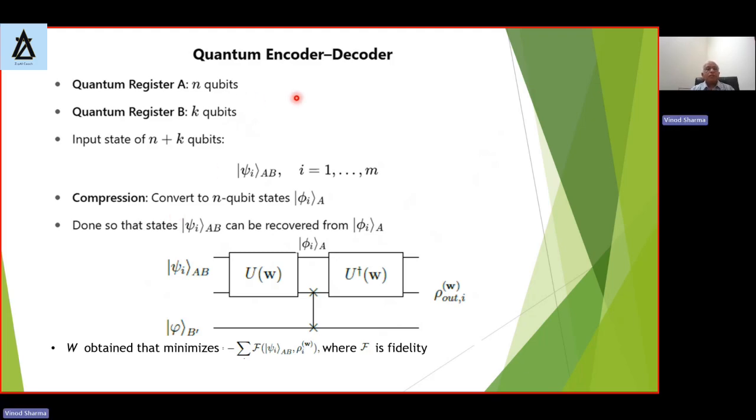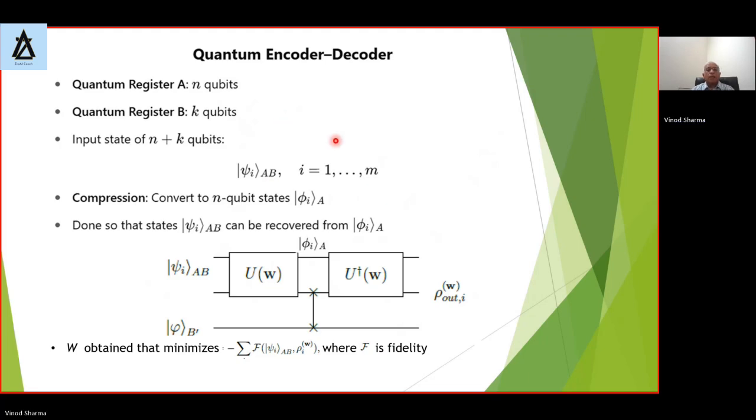So in the quantum case, we will consider a state with n plus k qubits. The input state is n plus k qubits. This is a large dimensional thing. We want to compress it into an n qubit state. From n plus k qubits to an n qubit state, we want to compress this, and we want to do it in such a way that from the n qubit states, we can recover the original state whenever we want.